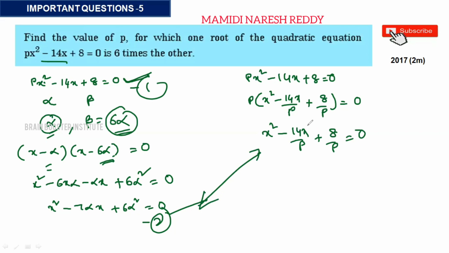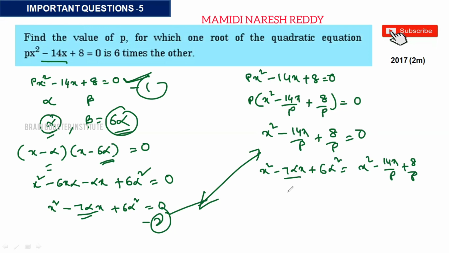So the coefficient of x is minus 14 by p here, and here minus 7 alpha x. Otherwise, you can write, my friends, x square minus 7 alpha x plus 6 alpha square is equal to x square minus 14x by p plus 8 by p. So if you compare, the coefficient of x is minus 7 alpha here, and here the coefficient of x is minus 14 by p, both are equal.